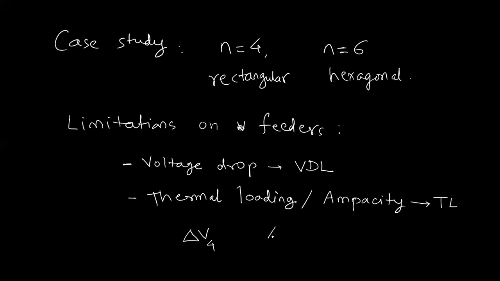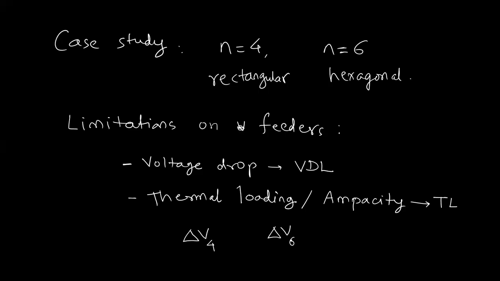And then similarly, we can obtain the voltage drop when we have 6 feeders, delta V suffix 6. So when the feeder is limited, how much maximum load can be served by these feeders?